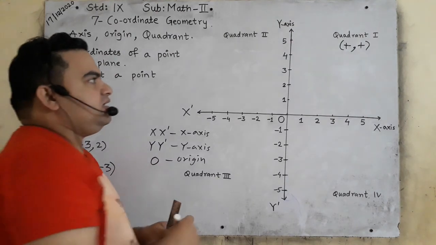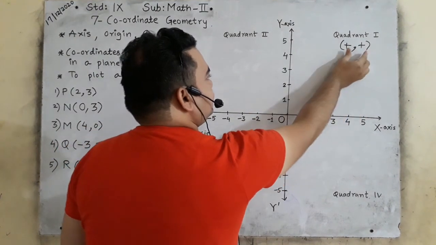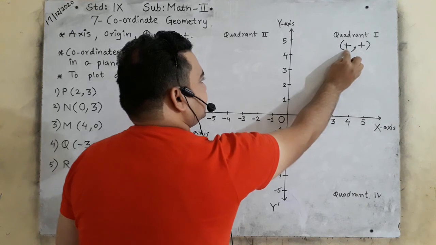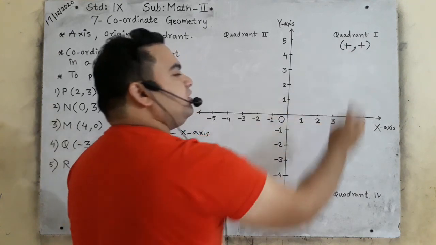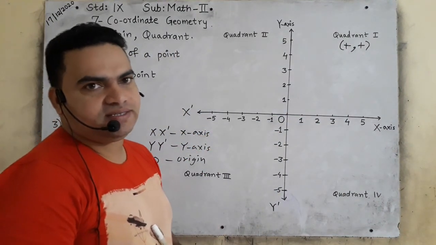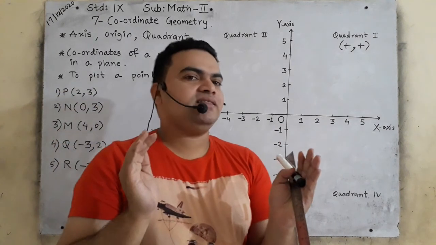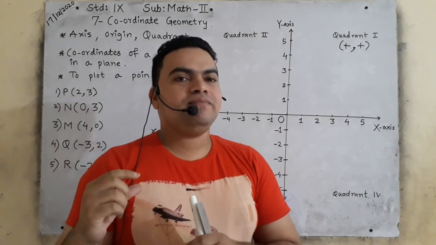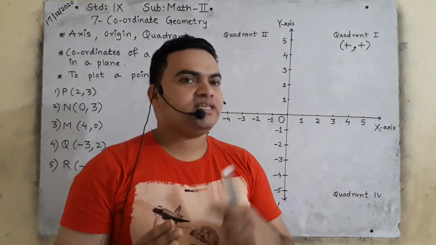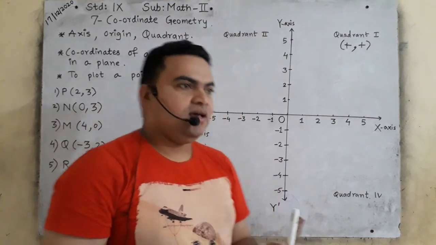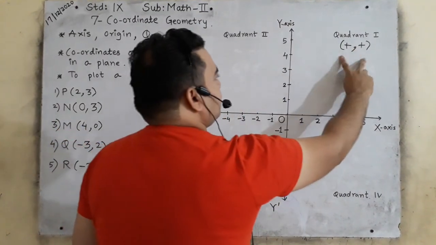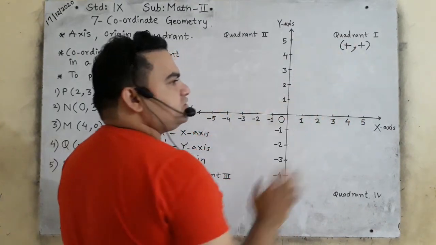Is it clear? See, in the bracket there are two coordinates. First is always the x coordinate and second one is always the y coordinate. Inside a bracket there will be two numbers. The first number will be of the x-axis and the second number will be of the y-axis. So here in quadrant first, both the coordinates will be positive.